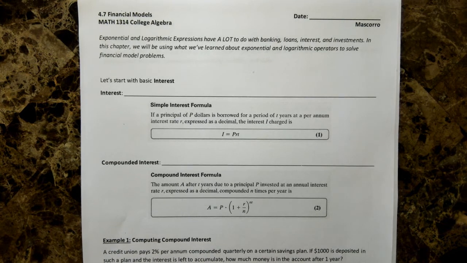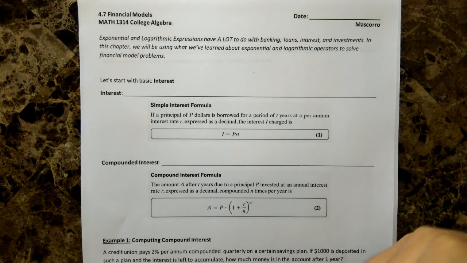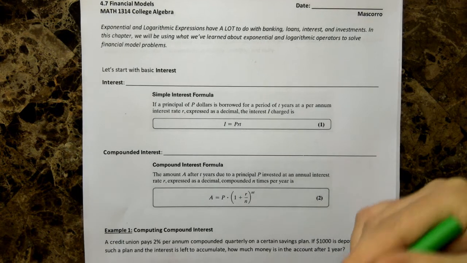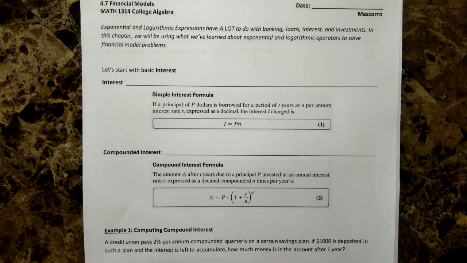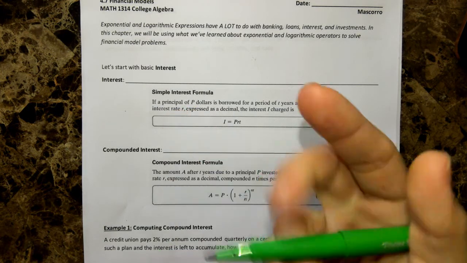So before we get started, let's start with the most basic definition that we're going to be working with today, which is the word interest. You're going to see interest a lot on the problems that we are going to be doing. Some of you might already know what interest means. That's great. But if you don't, I've included the textbook definition of what interest is.